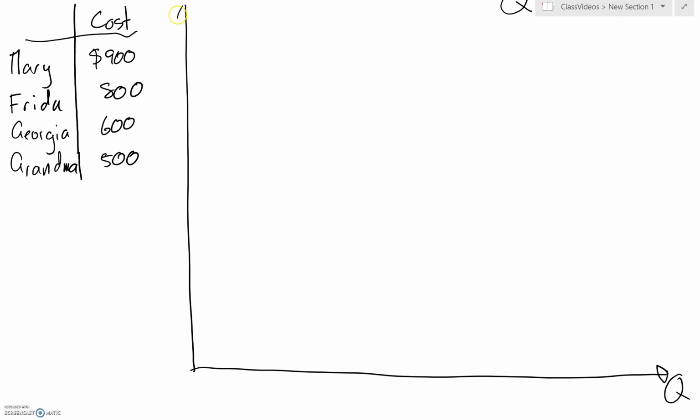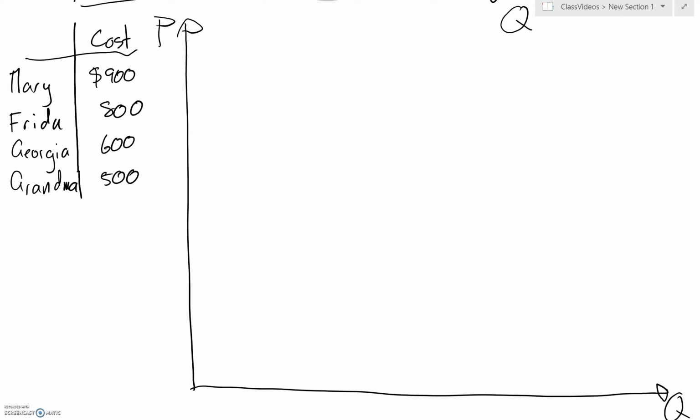Here's quantity, here's price. The thing to note about this supply schedule is that there are 4 sellers, each who can sell at most 1 item. So the interesting parts of the horizontal axis are going to be at quantities 0, 1, 2, 3, and 4.